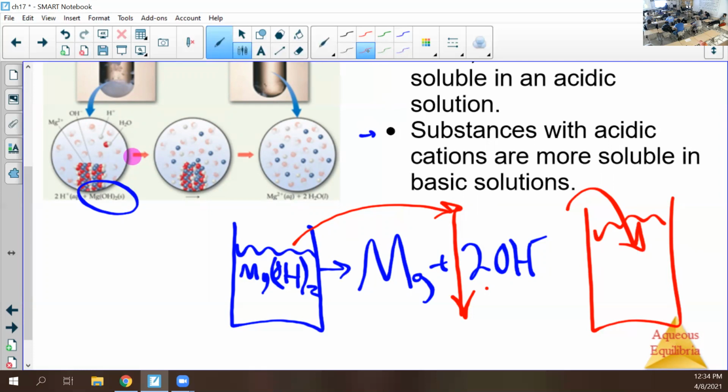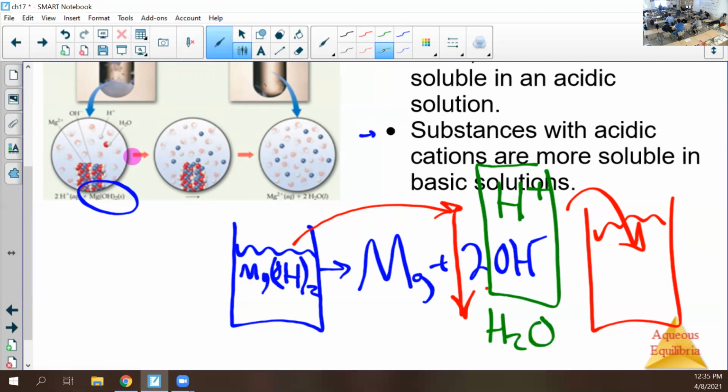Does that sound familiar? Okay, one way to take it away is to have H plus in the solution. Right, if I have H plus around, well, then those two bond to form water, which means the concentration of OH just went down. So another one of these will pop off, which means the solubility increases.